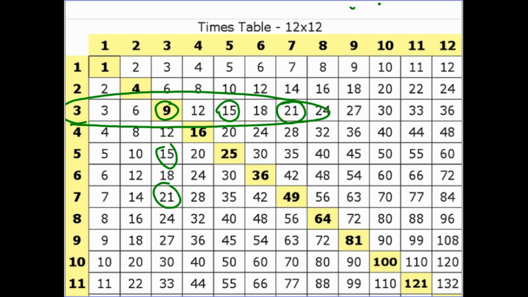So what number goes with 15, 9, and 21? You know, we notice the 3 and the 5 and the 7. That's not consistent. So we look at the one row and we see the greatest common factor is 3.